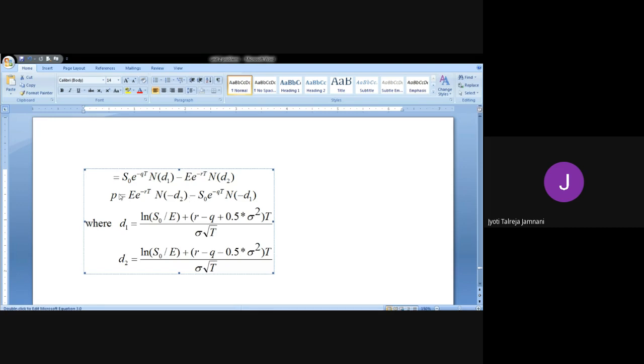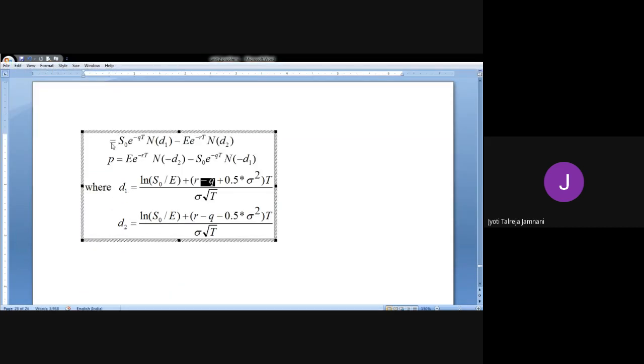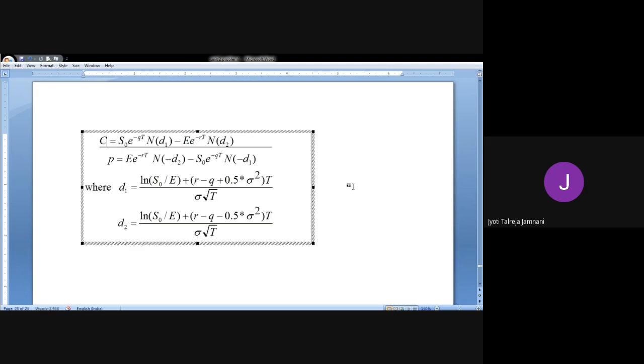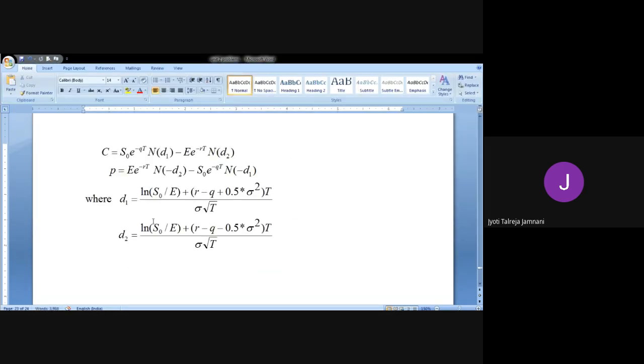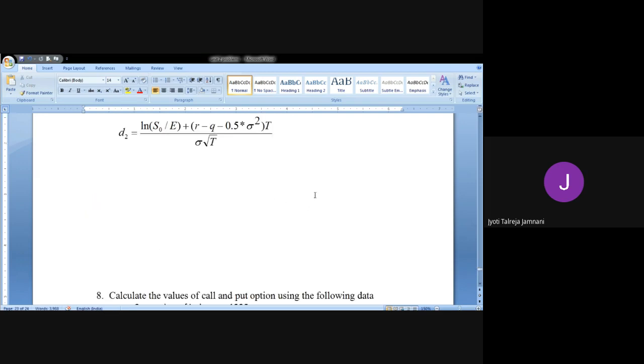The call option and put option formulas don't change. Only in the formulas of D1 and D2 is what we have to take care: R minus Q plus 0.5 into standard deviation square. That's how we need to solve it.